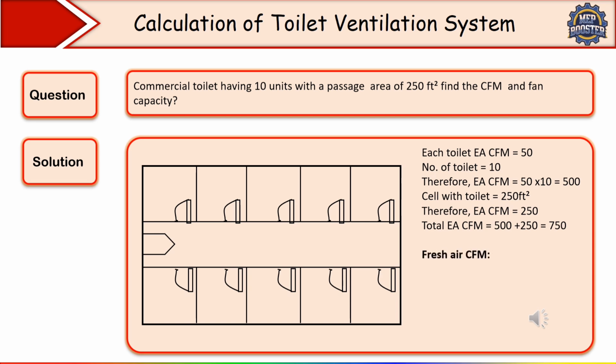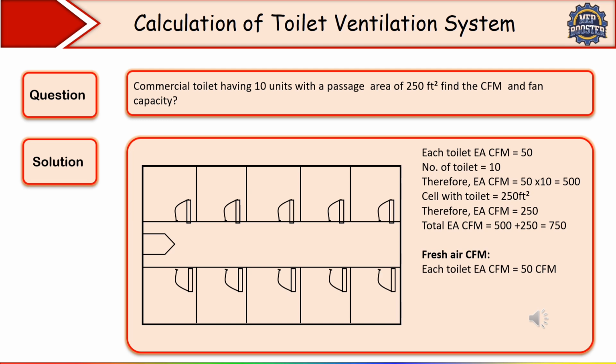Okay. Now to calculate the fresh air CFM, I have told you that 70 to 85% of exhaust air CFM is our fresh air CFM. If you want the total, you have to do the total. Otherwise, suppose from each toilet exhaust air CFM is given as 50 CFM and I want to give the fresh air for each and every toilet.